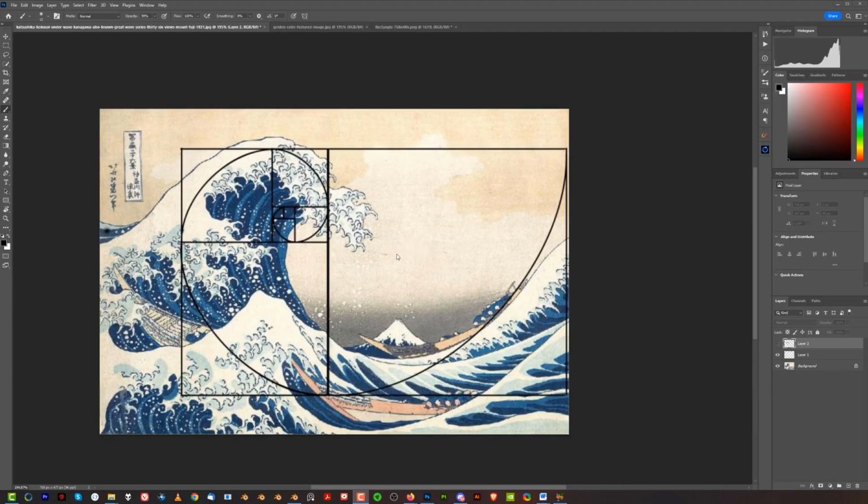But why is this Fibonacci spiral so powerful? Well, this spiral and this ratio, the golden ratio, is based on a very clear mathematical formula. But the fascinating thing is that it's appearing in nature all over, including our DNA.